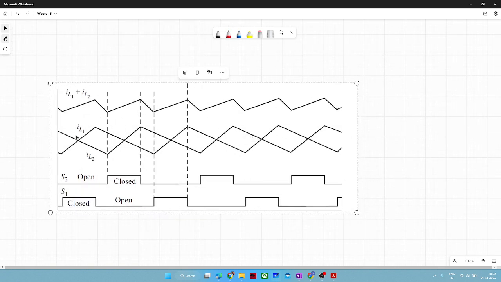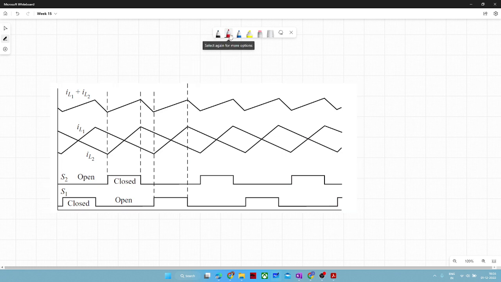So here, what was happening earlier, IL1 was increasing and IL2 was decreasing. After getting summed up, during the period IL1 is increasing, the sum is increasing. Why so?